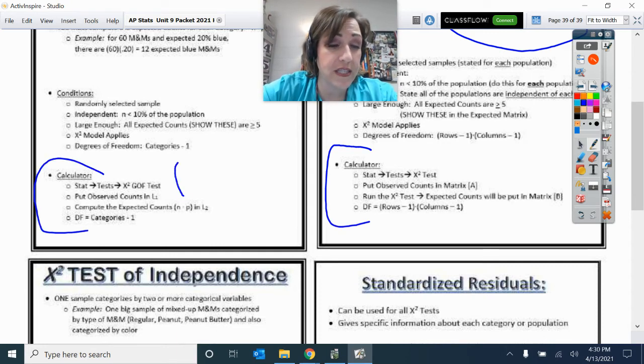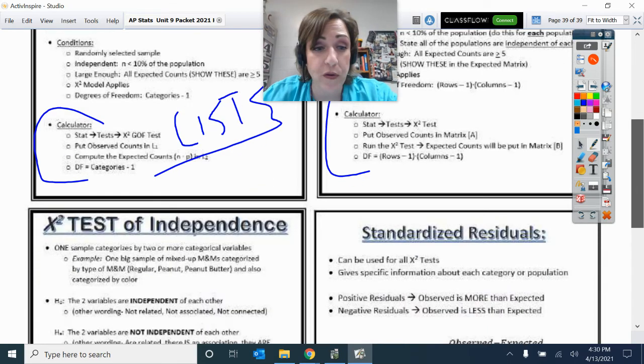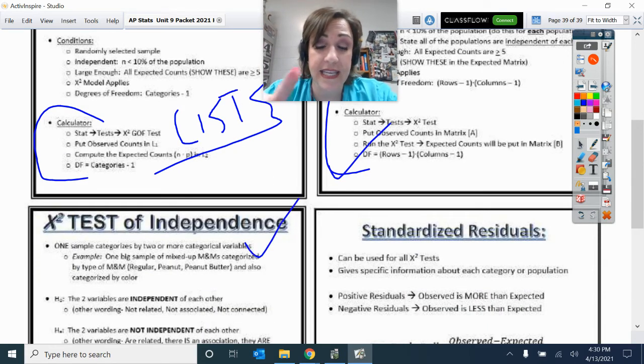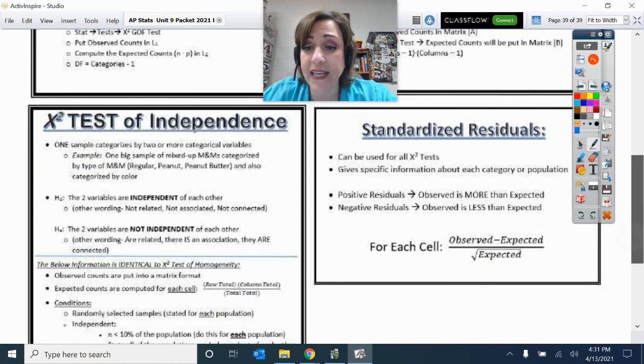The calculator one was in the list because it was just a single dimension, one list of observed. But for both the homogeneity and the independence, we have multi-dimensions of observed, so that's why we had to use the matrix.